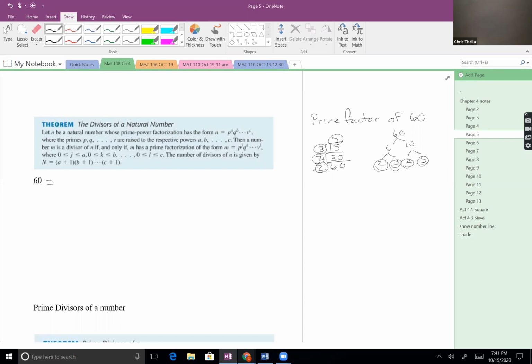What are you folks getting for the factorization of 60? I got 2 times 2 times 3 times 5. So can I write that as 2 to the second times 3 times 5?